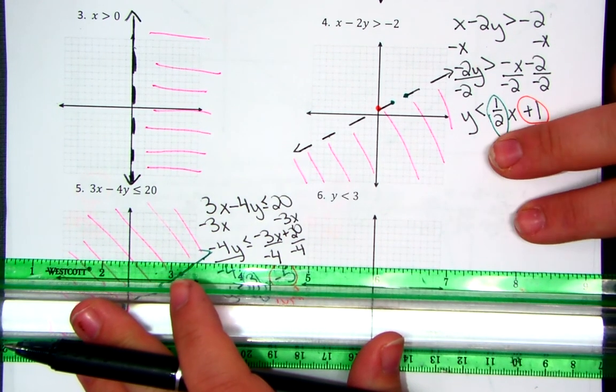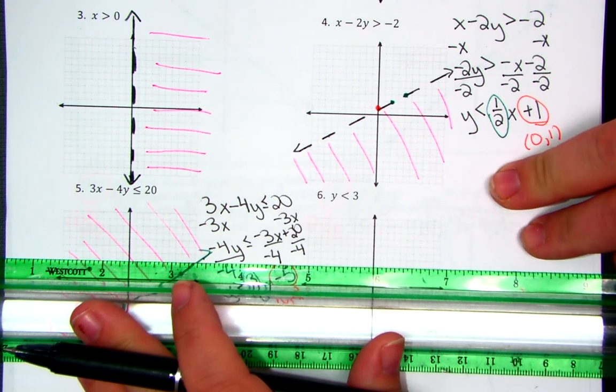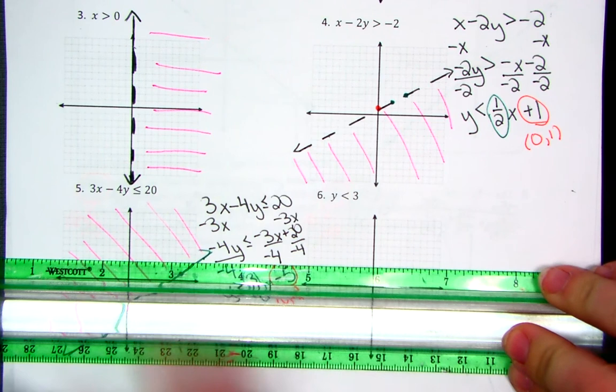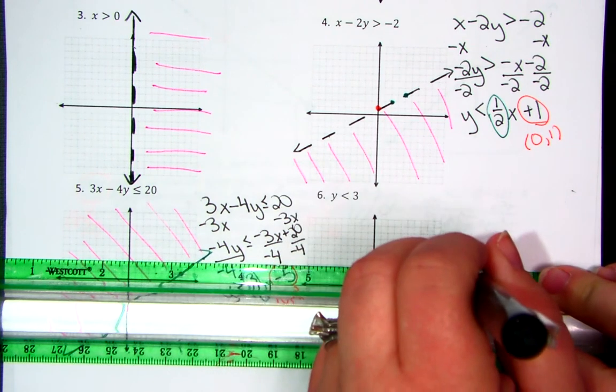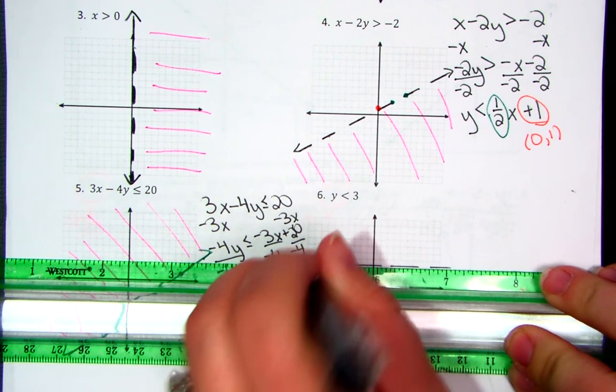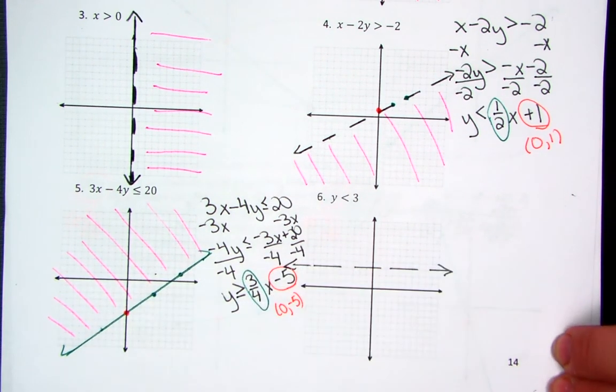Whenever y is by itself without x, you know that it's going to be a horizontal or left-right line. And we're going to use a dotted line because it didn't have an equal to symbol. And it says that y is less than, so we will shade below.